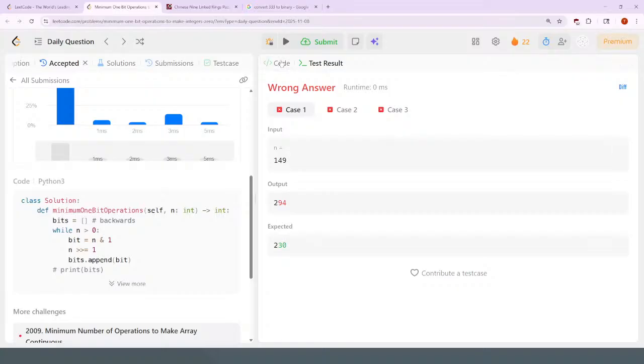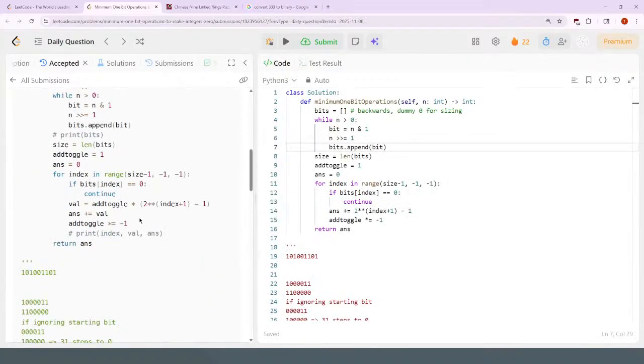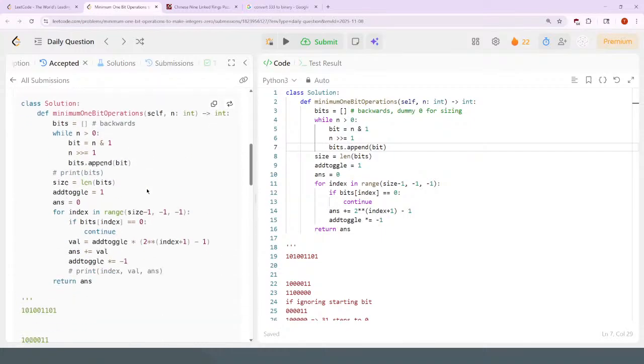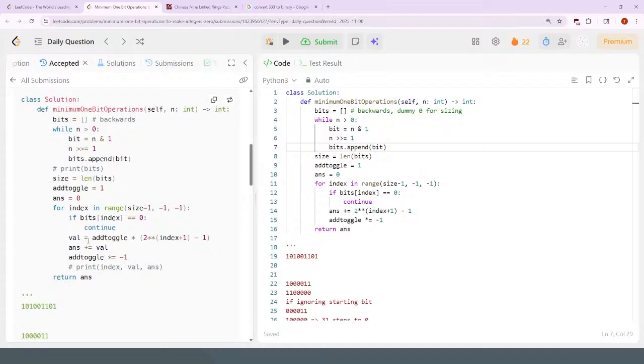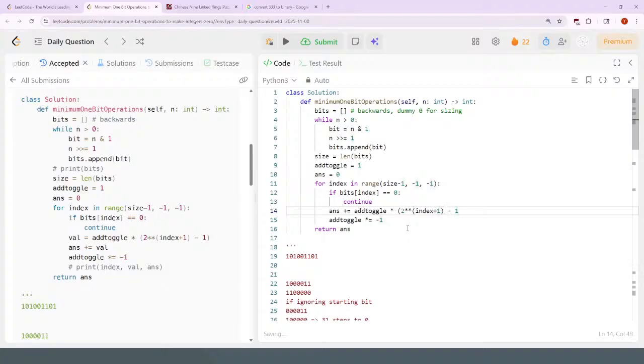What's going on? What did I change here that made it so wrong? Answer plus equals value, where value is... Oh, I forgot. I removed the toggle. No wonder I had the parentheses. I don't even know what I was thinking.